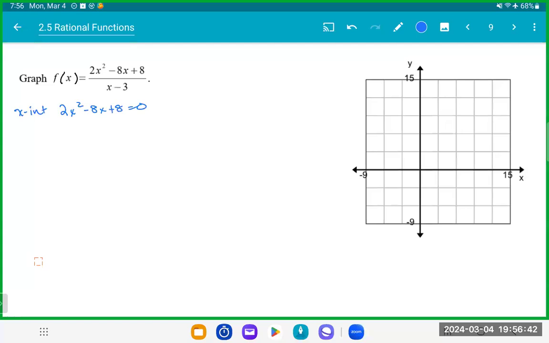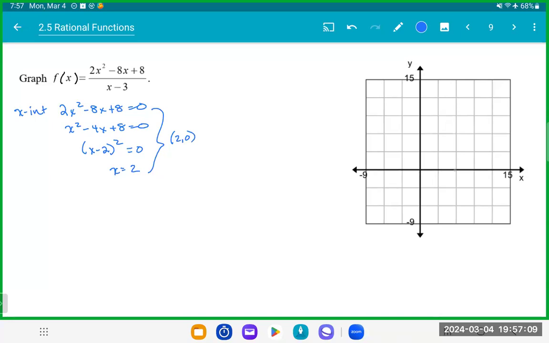If we divide everything by 2, this is really the same as x squared minus 4x plus 4 equal to 0. So now we can factor that as (x minus 2) squared equal to 0. So x is equal to 2. So we have an x-intercept at (2, 0).